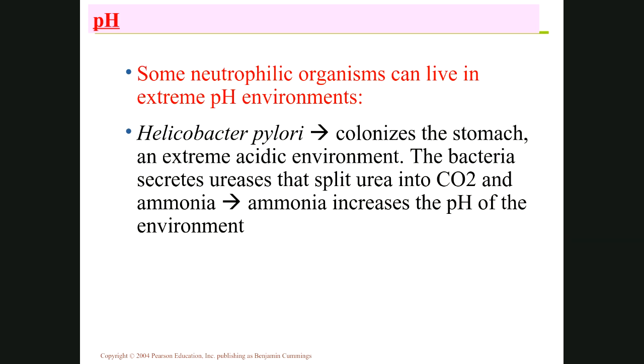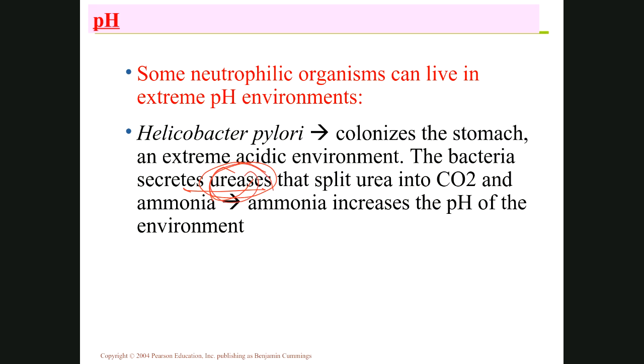Now, some neutrophiles have managed to live in acidic environments. Helicobacter pylori, which is a microaerophile, colonizes the stomach, and so is able to live in such an acidic environment because it secretes urease. Ureases are alkaline, so the ureases buffer the acidity.